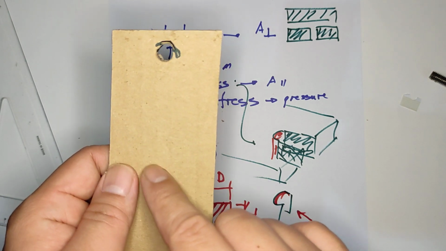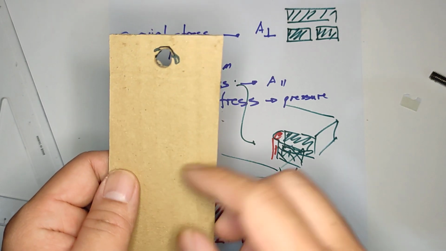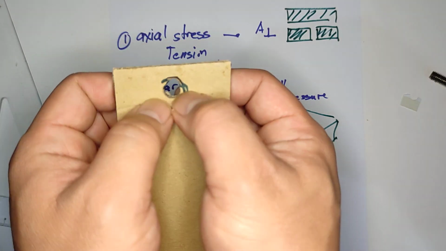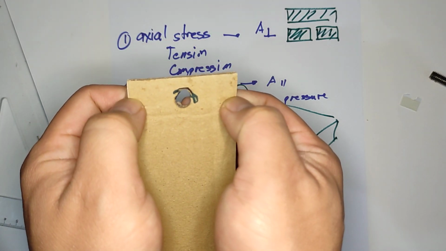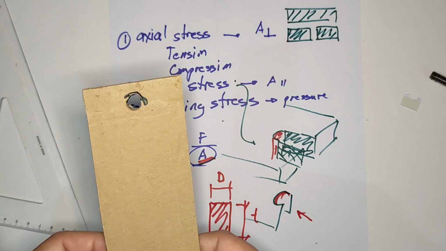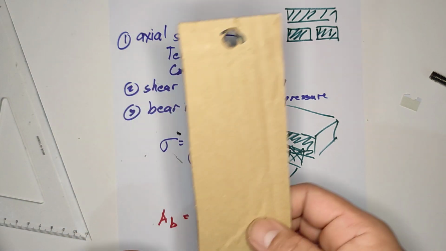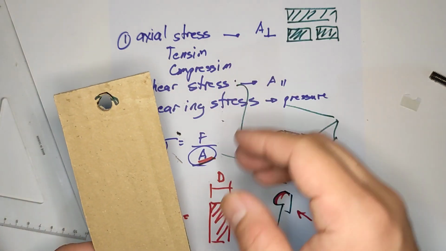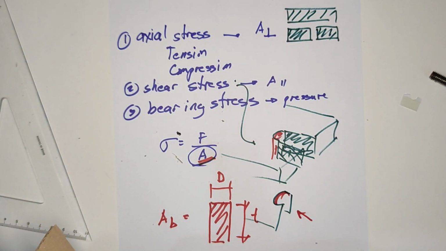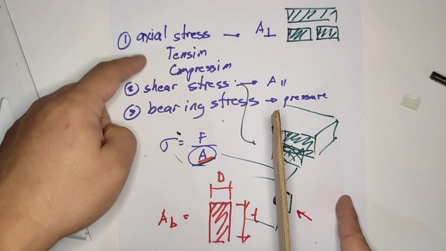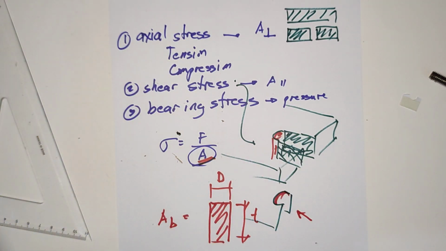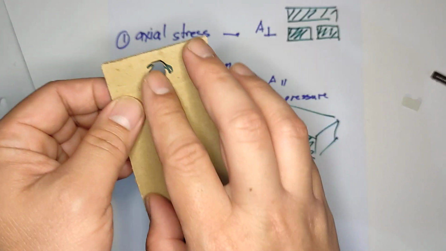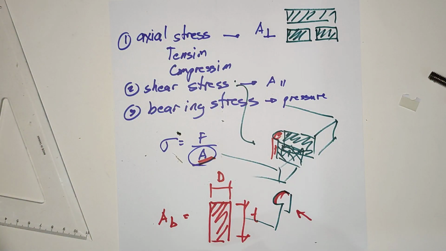Or if that is reinforced, maybe the weakest is this one, tension. So you have to compute them all, so that in machine design you will consider them. So that's all there is to axial, shear, and bearing.